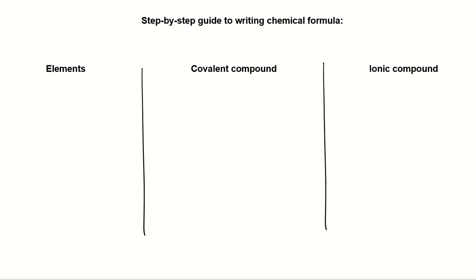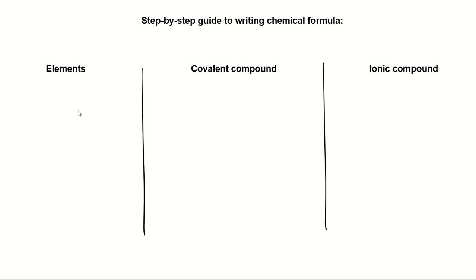But before we even learn how to write chemical formula, the first thing that we need to do is to first determine whether a substance is an element, a covalent compound, or an ionic compound.